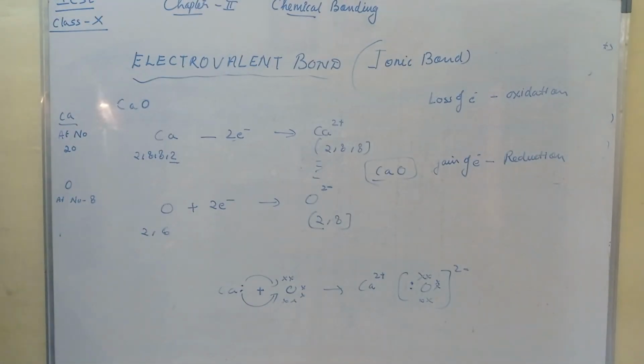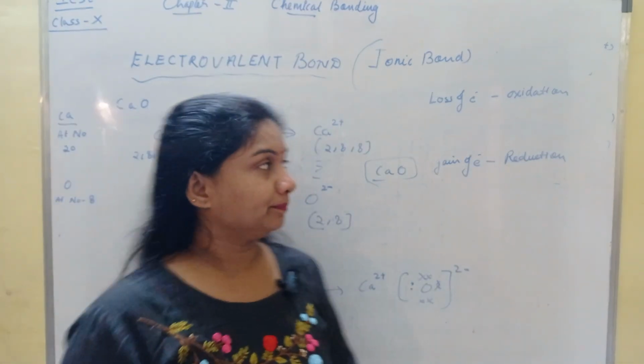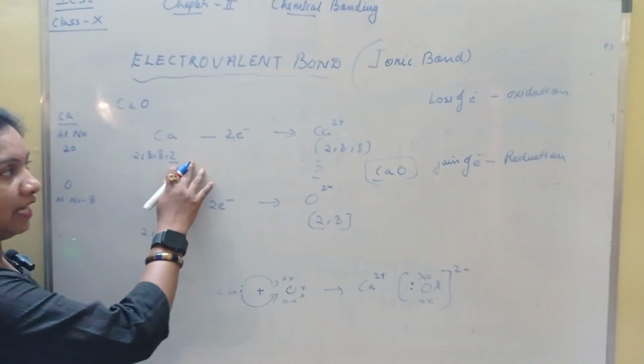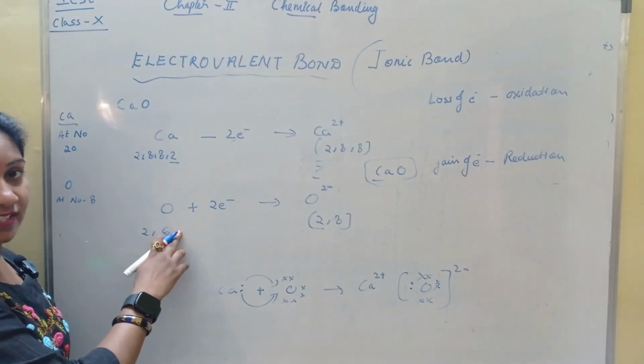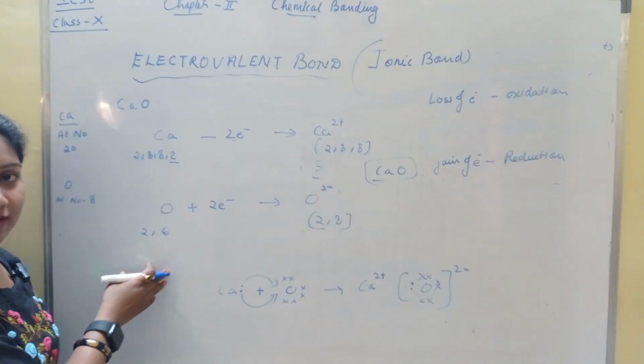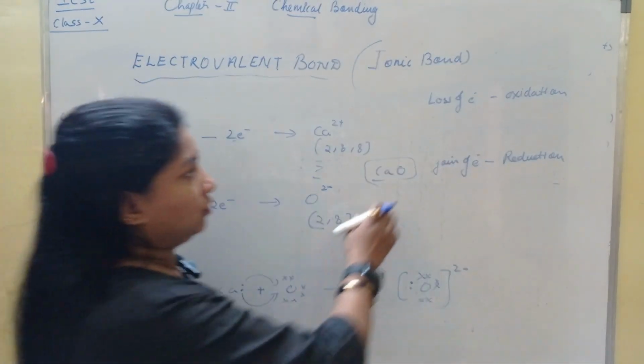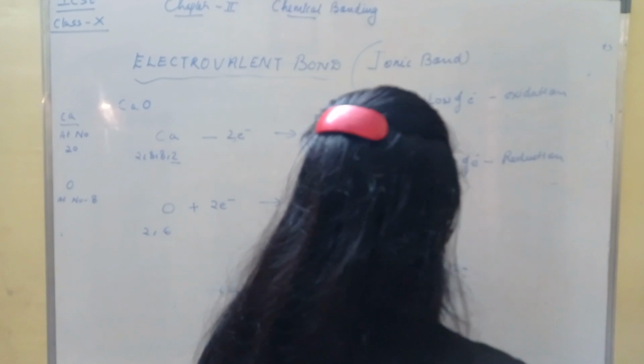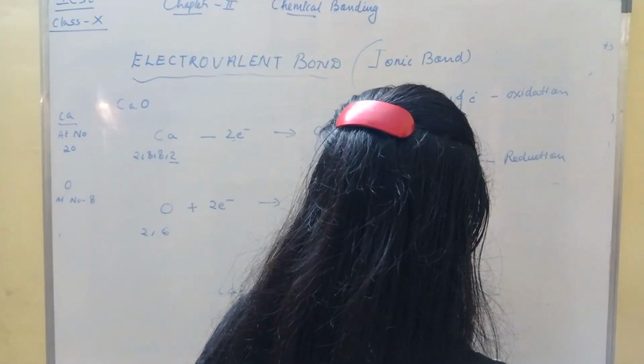Loss of electron and gain of electron. So here calcium is getting oxidized and oxygen is getting reduced because calcium is losing electron and oxygen is gaining electron.